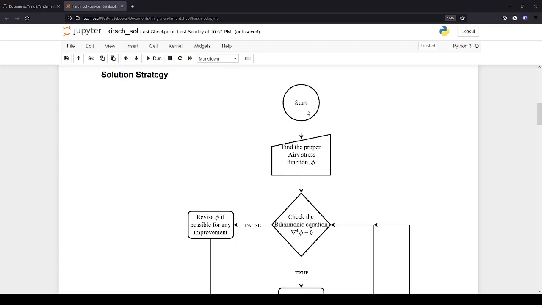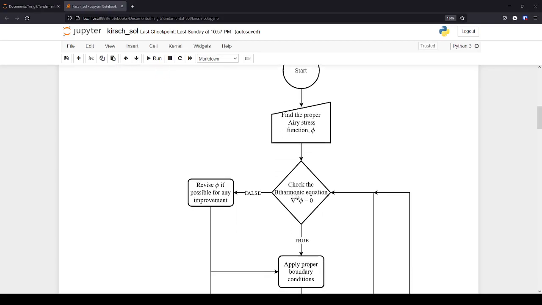So using this strategy, we have an Airy stress function, which is a kind of potential function. We assume it and we basically plug it into the biharmonic equation, which is this equation here, del 4 phi equal to 0. This is the del operator, or nabla, and we try to solve this.